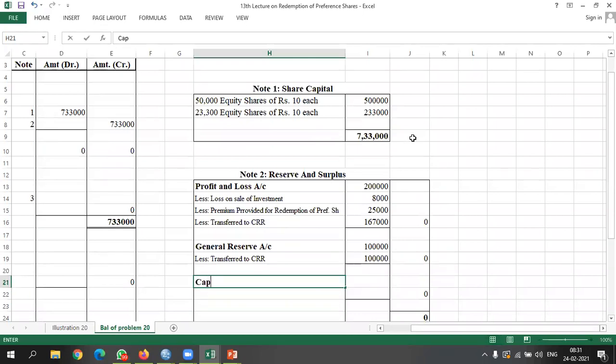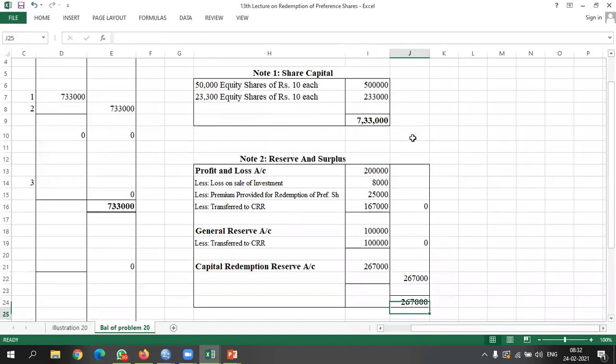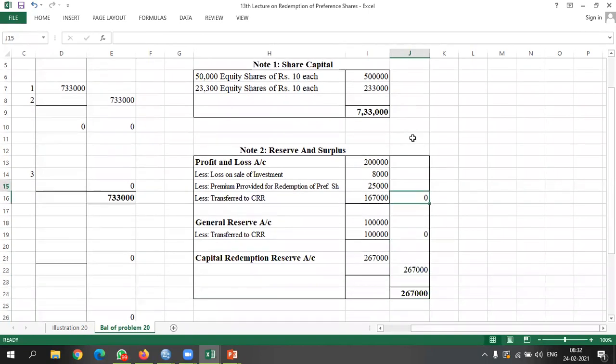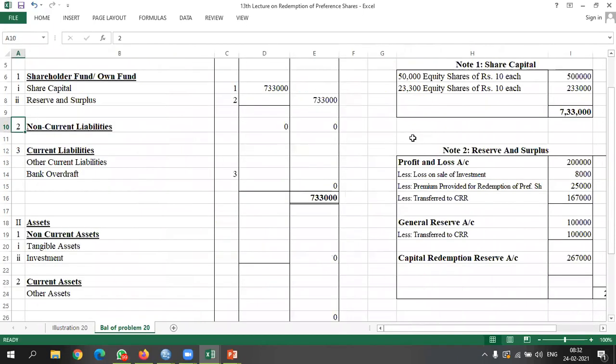So we will write capital redemption reserve account. There we have a balance of 2,67,000. So in capital redemption reserve, we have 2,67,000, and that is also the total of reserves and surpluses, 2,67,000.